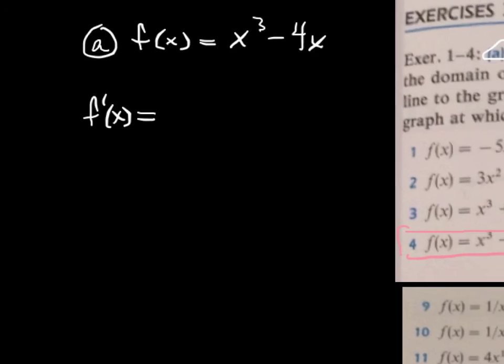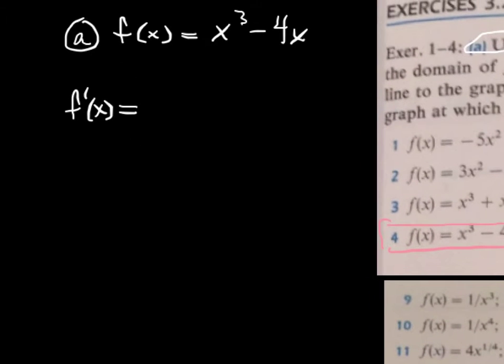We've seen the way derivatives work. This 3 comes down in front and is replaced by a number that's 1 less than that. So the first order of business is 3x squared. Minus is still minus. But 4x changes. That will be just 4. There you go. f prime of x is 3x squared minus 4. Easy stuff, right?